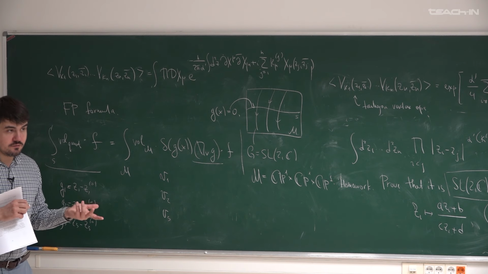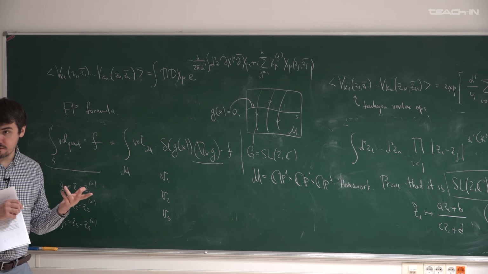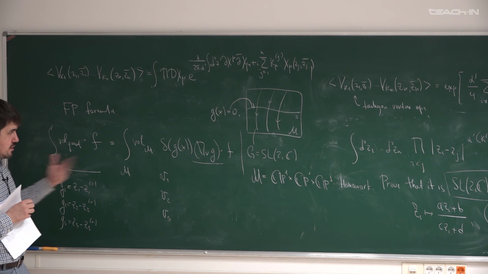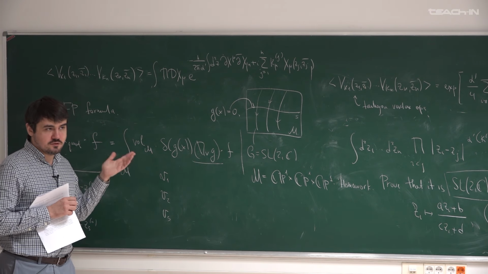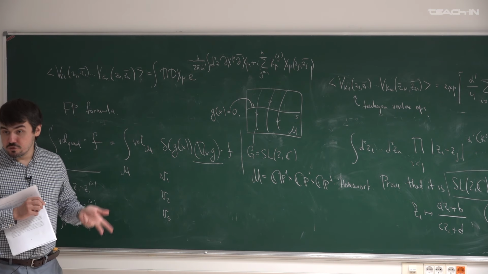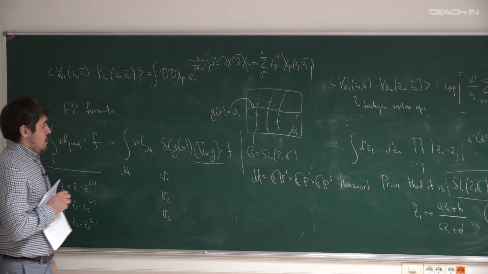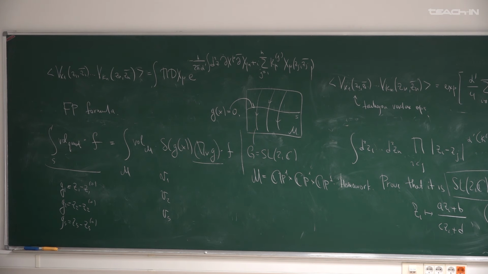Fixing 3 points is enough. 3 points completely fix your SL2C invariance, yeah? I hope you know that, or else it's a homework problem. It's easy to bring any 3 non-coincident points to any other 3 points by using SL2C. So that completely fixes the SL2C gauge symmetry.